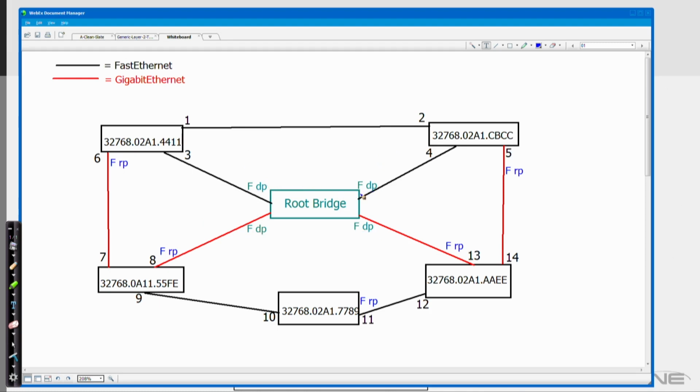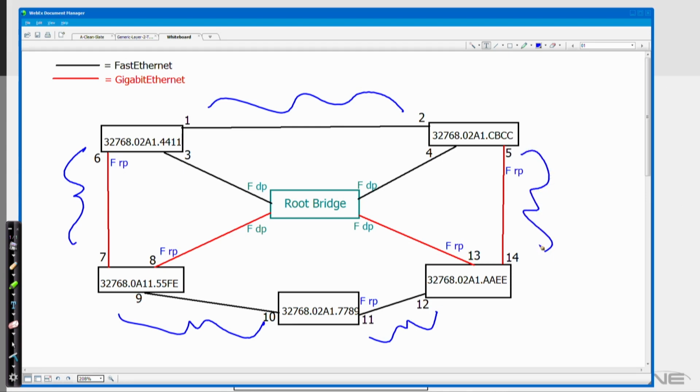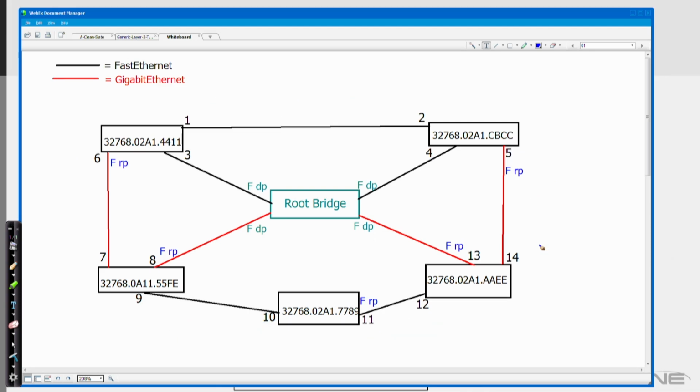So the cables for which we need to figure out who the designated port is: that cable, that cable, that cable, that cable, and that cable. Those 5 cables right there. And I'll give you a hint. Here's a little trick. If you have a point-to-point link where you have a cable and there's just one switch on one side and one switch on the other side, if you've already determined that one of the interfaces on that cable is a root port, guess what?